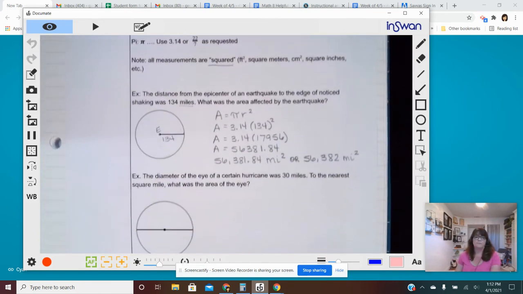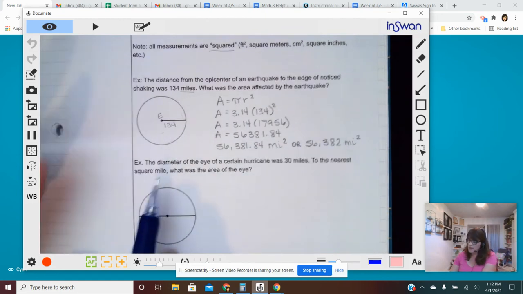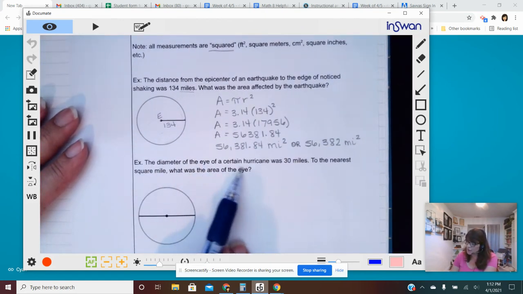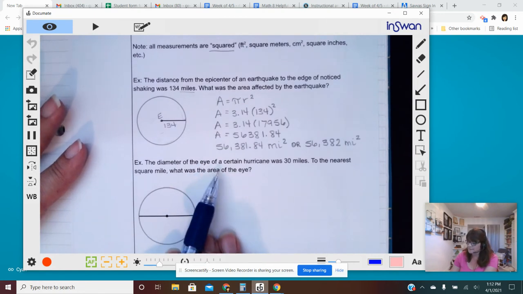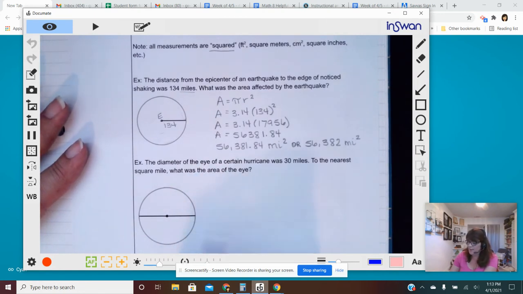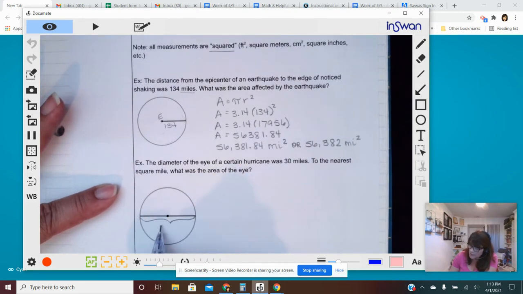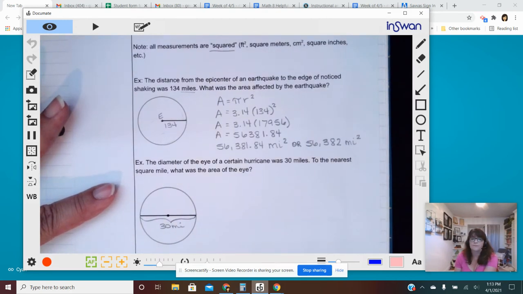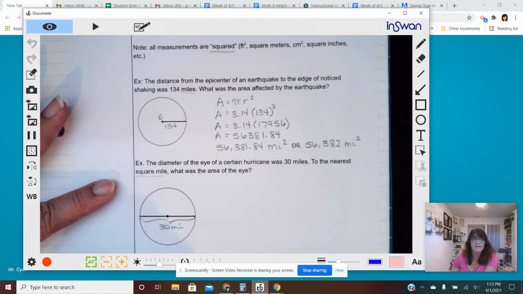Now, another example, and I'm going to show you my nerd side just for a second here. The diameter of a certain hurricane was 30 miles. I'm sorry, the diameter of the eye of a certain hurricane was 30 miles. To the nearest square mile, I love that they said that this time.